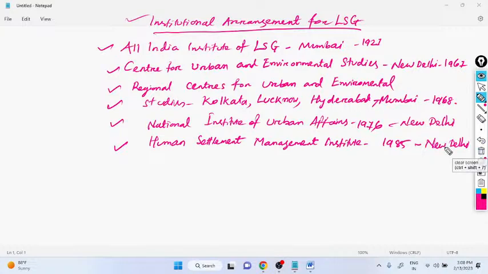And you can see that despite all these things, urbanization is not very fast in India.